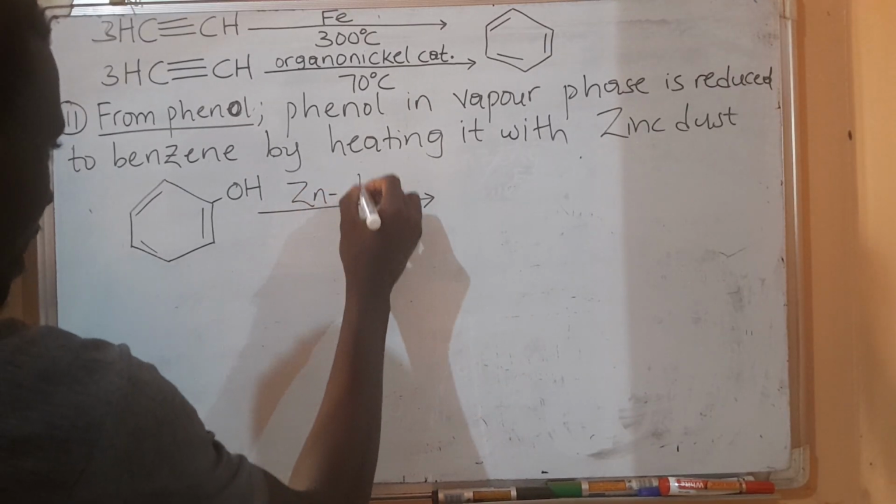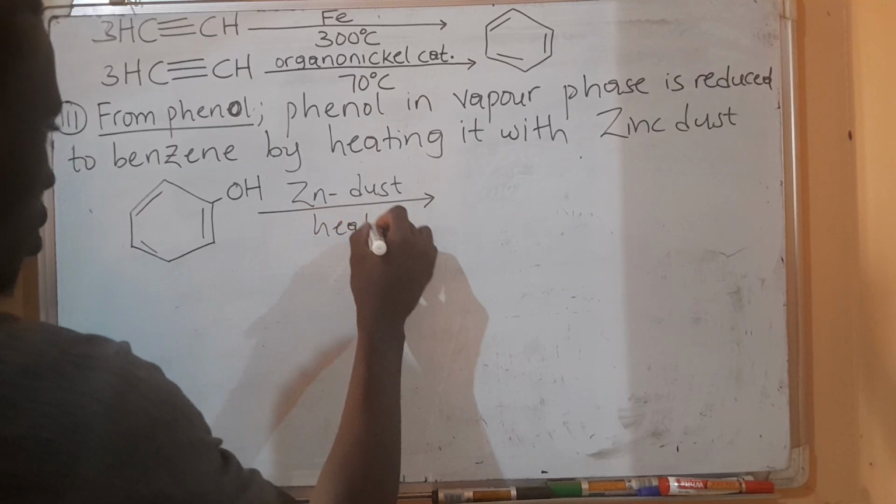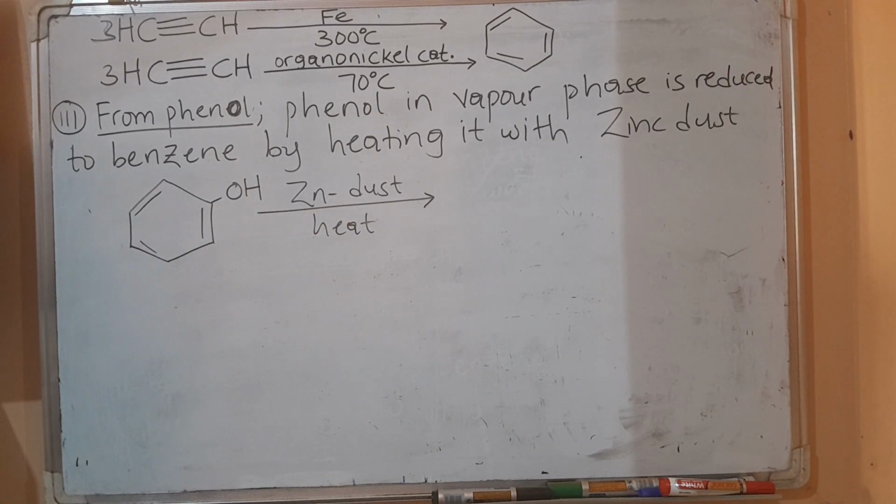zinc dust and heat. So zinc is a metal. One of the key characteristics of highly electropositive metals is that they are strong reducing agents. For example, sodium, potassium, zinc, highly electropositive. It implies that they can easily lose electrons in their outermost shell.